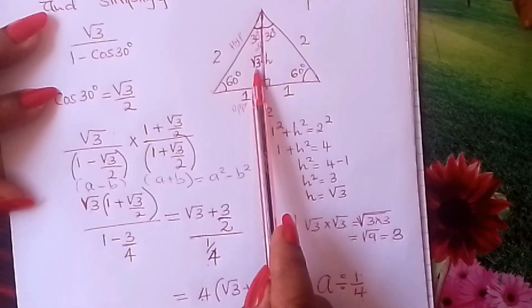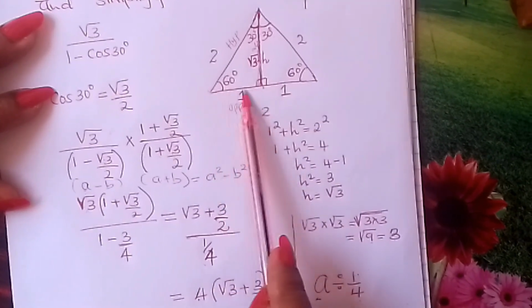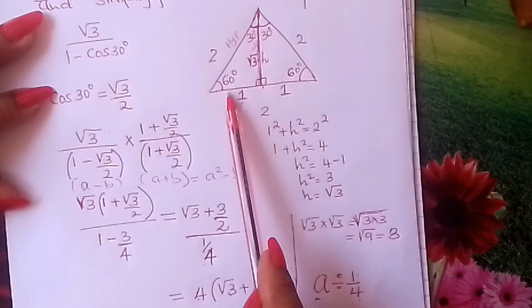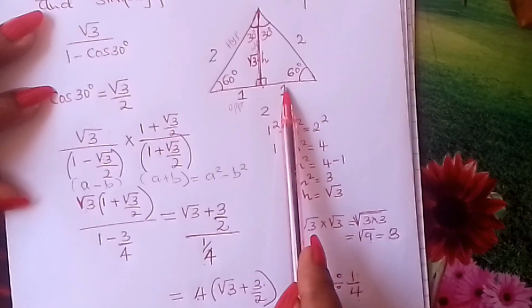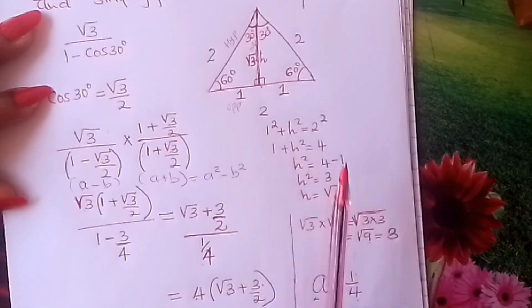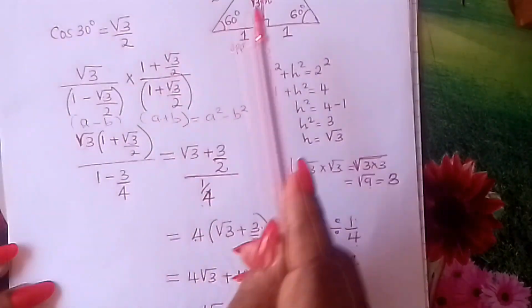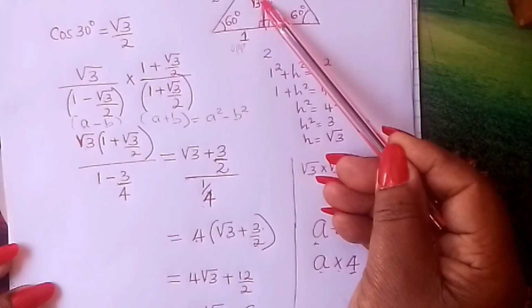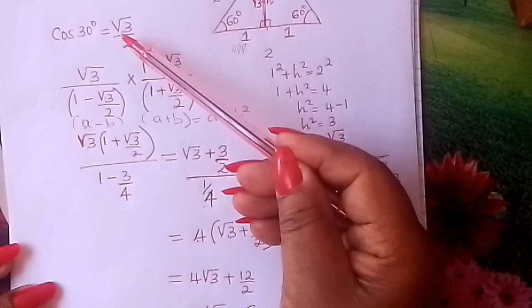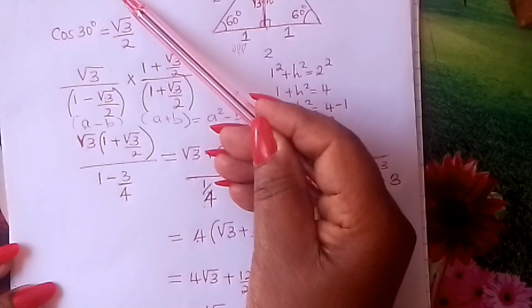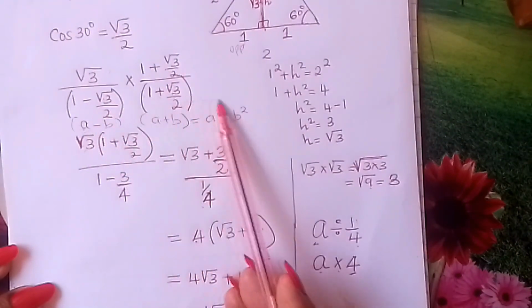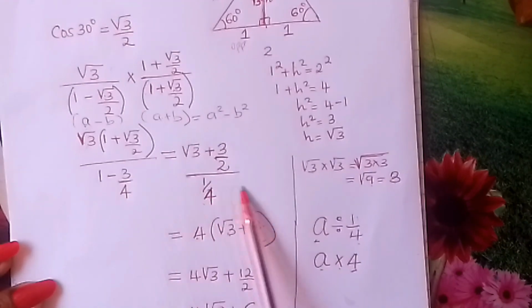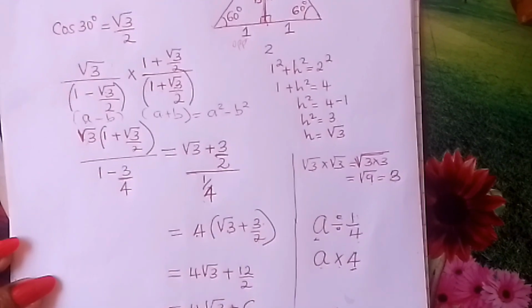Then you get your height. Because already this base will have been divided into 2, 1 unit, 1 unit there. Okay, learner? From there, of course, that is root 3 over 2, adjacent over hypotenuse. There we are. Substitute it here, and then you move on accurately, with all the accuracy, learners.